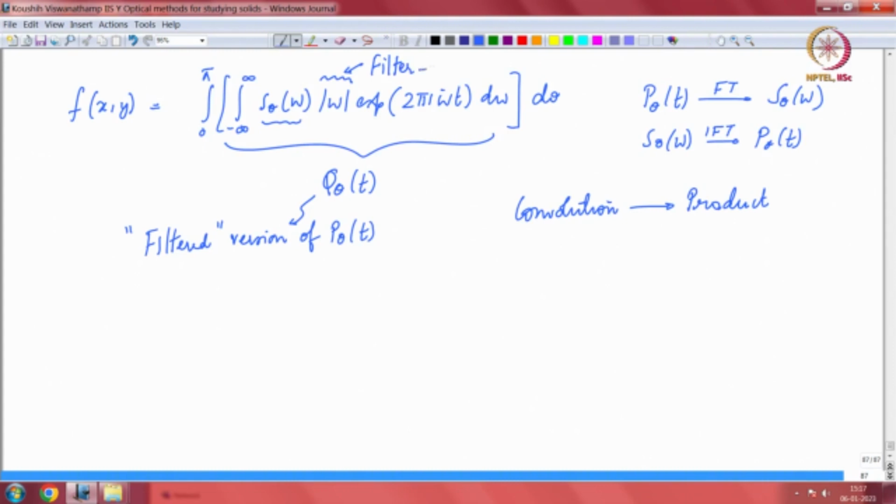This filter is called a ramp filter because it is proportional to the frequency. So, you basically take S theta of w, apply the filter, take the inverse transform, and you will get Q theta of t, the function. You can do this filtering very easily in the Fourier domain.